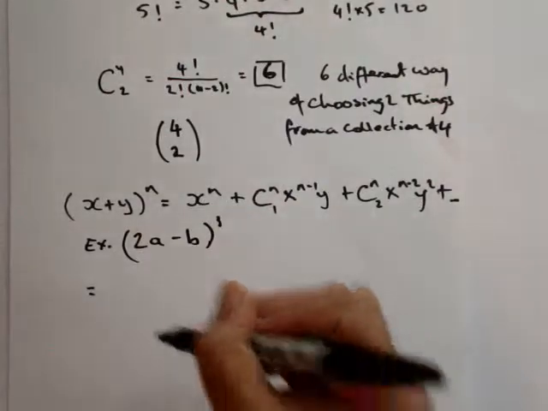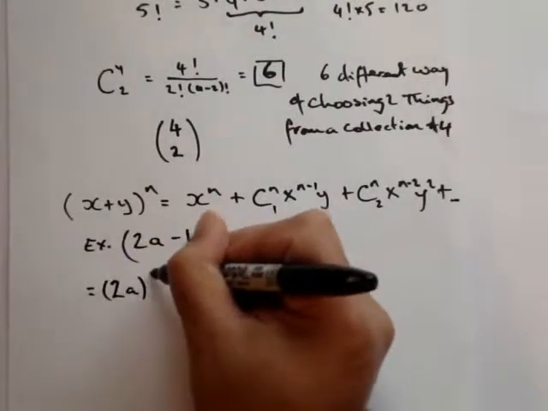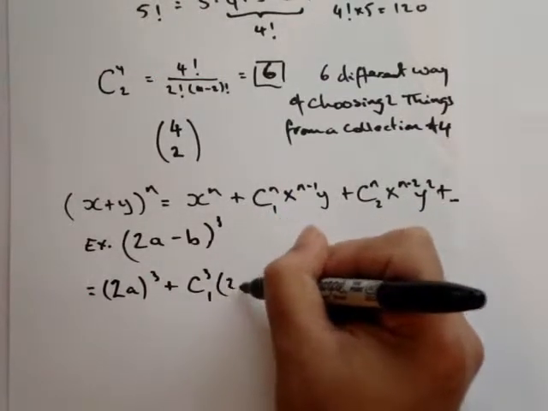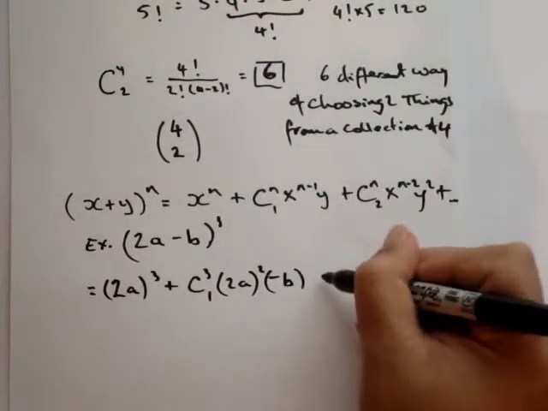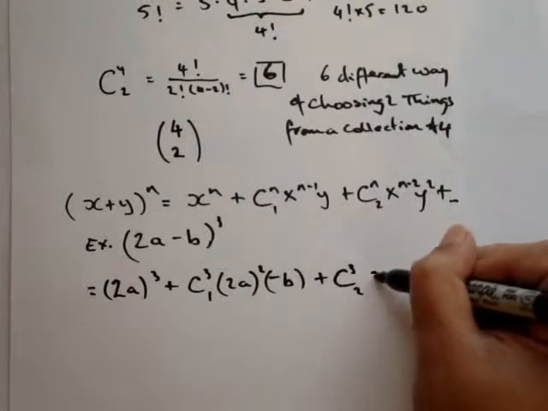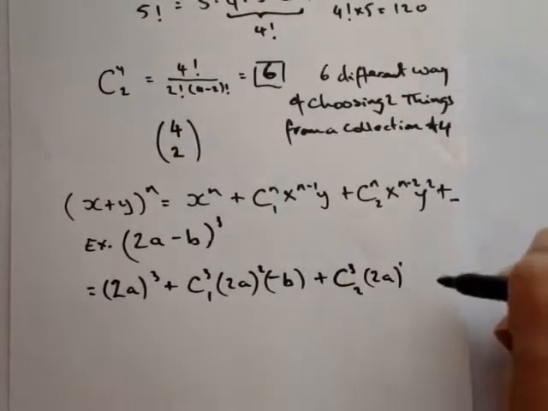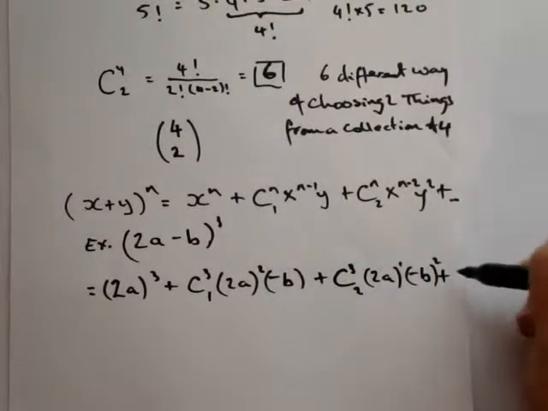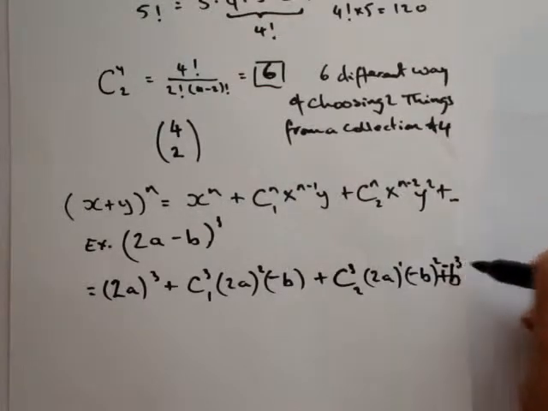This would be, our x is 2a, so 2a to the power 3 would be our first term, then C 3 1, 2a, 3 minus 1 is 2, and then minus b, plus our nCr term becomes C 3 2, 2a, which is our x term, goes down by a power of 1, which would become just 1, and then our minus b increases to 2, and then our next term would just be minus b to the power 3.